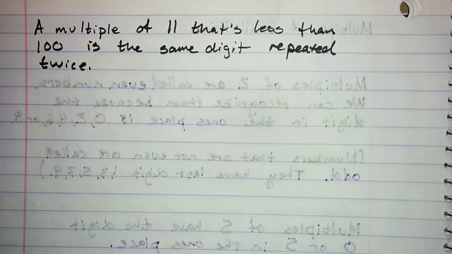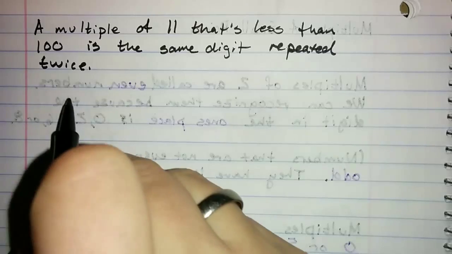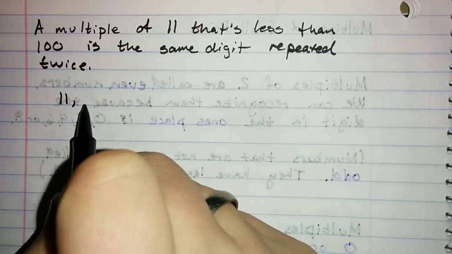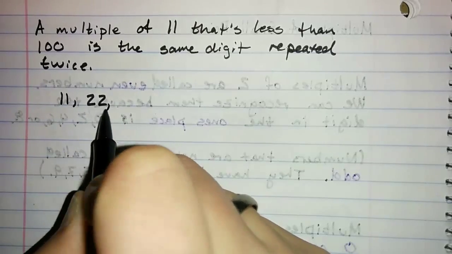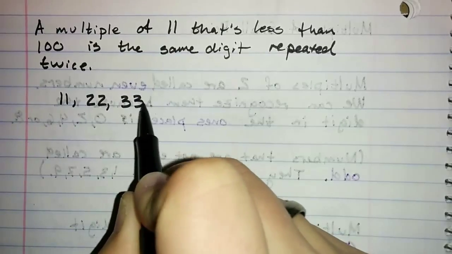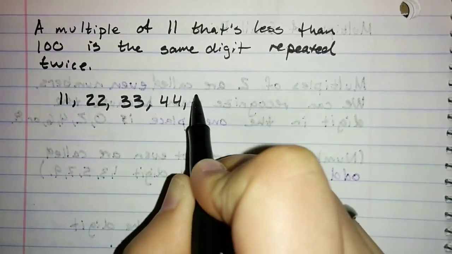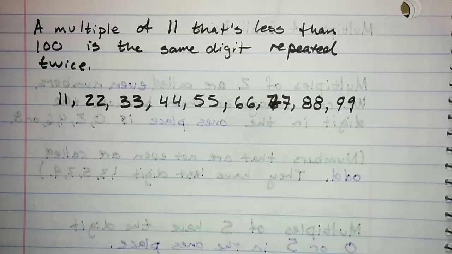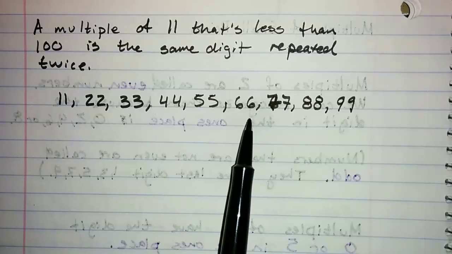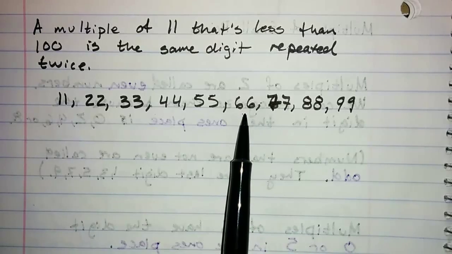A multiple of 11 that's less than 100 is the same digit repeated twice. So we have 11, 22, 33, 44, and so on. Right, these numbers are really distinctive, easy to spot, easy to divide by 11. Right, 66 is 11 times 6, for example.